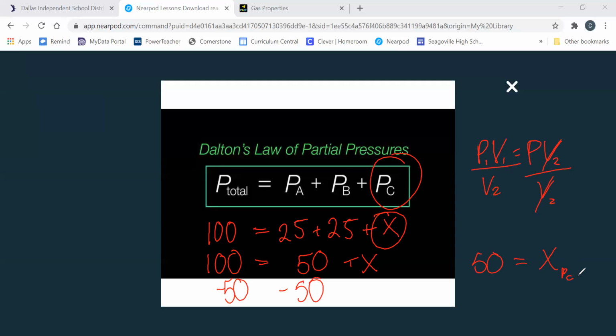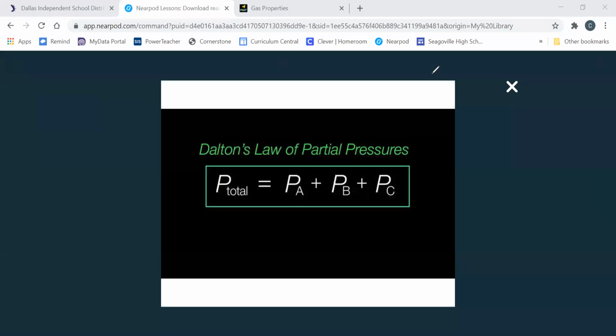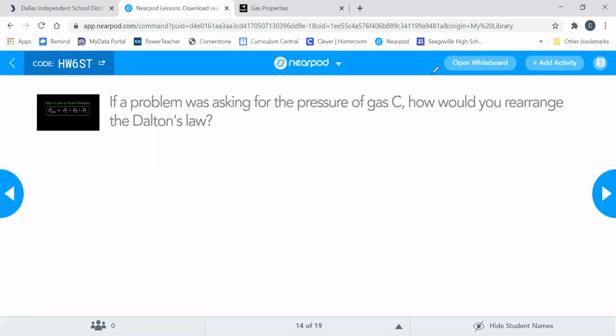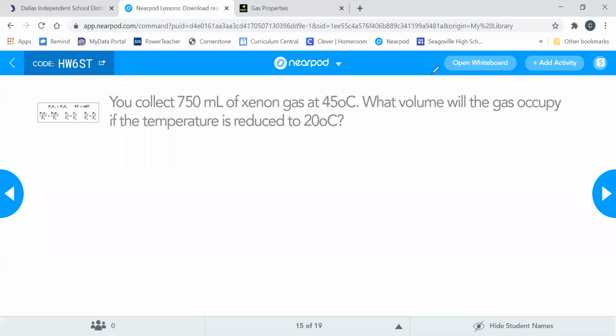So this one's really simple. But if you're still not understanding how I did it, or if I'm not explaining it well enough, please let me know. Because I feel like this one's very simple.